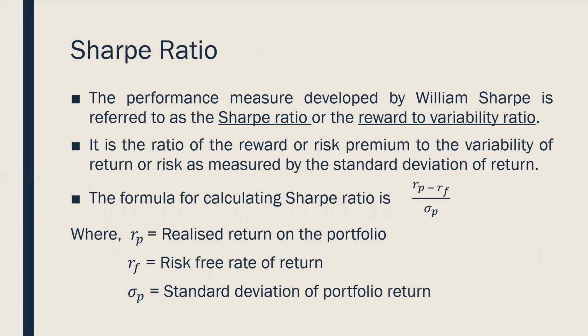You calculate the risk premium and then divide it by standard deviation, and then you get the Sharpe ratio. So the formula is (RP minus RF) divided by standard deviation of the portfolio, where RP is the realized return on the portfolio, that is the total return from your portfolio, and RF is the risk-free rate of return. Whatever is the rate of return for a government security, that is your RF. That will give you Sharpe's ratio.